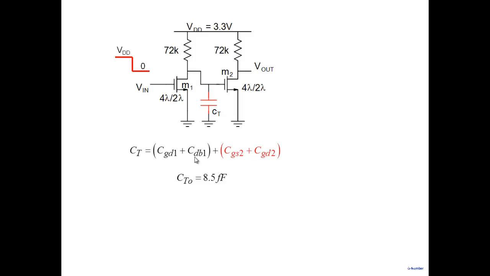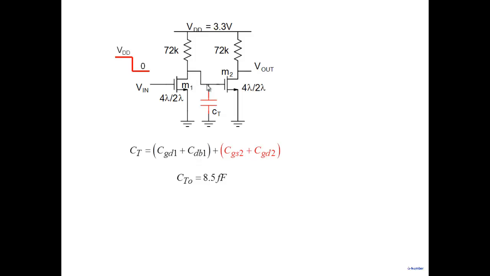Out of this 8.5, 5.7 is the drain to body. And that's the point that I'm trying to emphasize, that if you don't do the layout, then you don't know the area drain and perimeter drain. Then you don't know the drain to body capacitance. Right, so the layout information is important to extract the drain to body capacitance, and you can see here it's a very, very large fraction of the total capacitance.